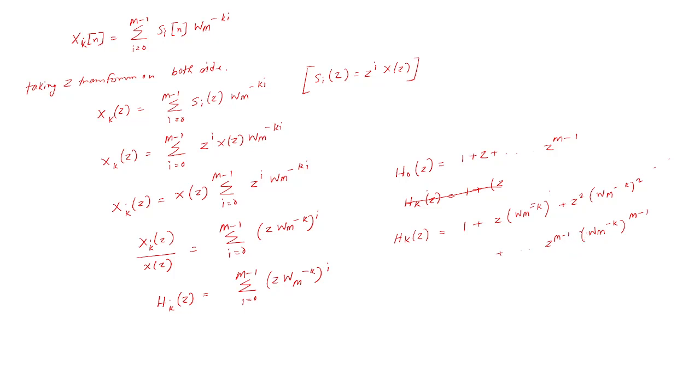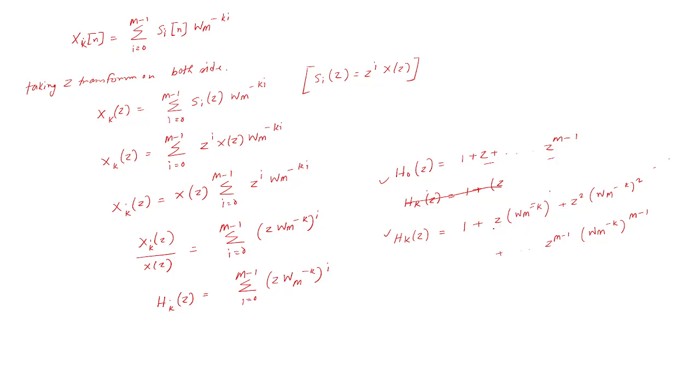Now if you see these expressions and compare them, they are basically weighted sums of exponents of z from z to the power 0 to z to the power m minus 1. But the weights in case of H_0 of z are all 1, equal weight, whereas for H_k of z, the transfer function for the kth output branch, the weights are different for different exponents of z.